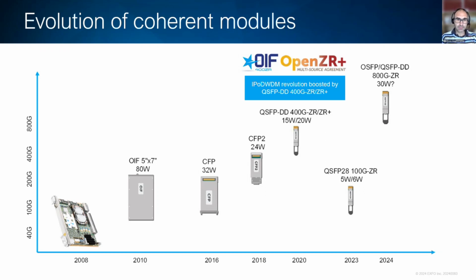That's what really enabled the growth of this concept of IP over DWDM. Now, the evolution is moving forward to even more compact and lower power consumption form factors like the QSFP 28, 800 gig ZR, and higher speeds like 800 gig ZR.